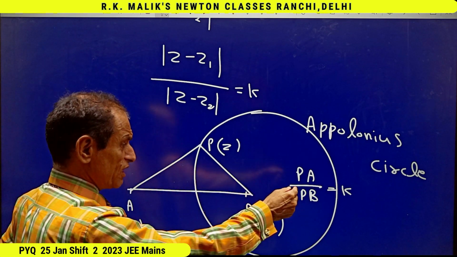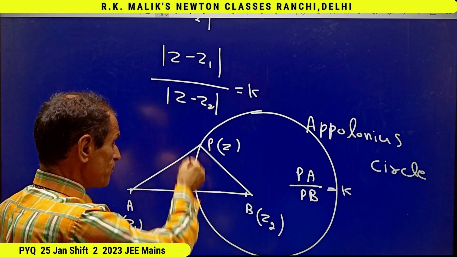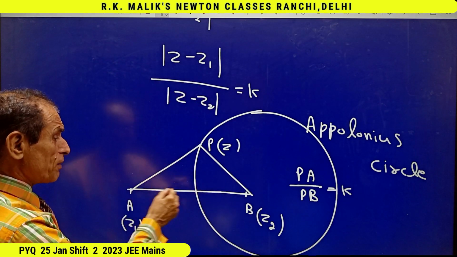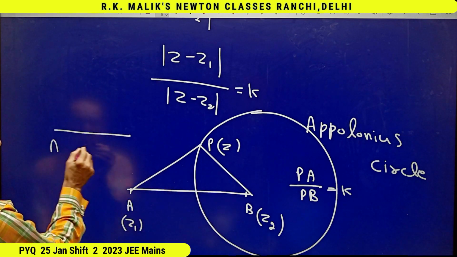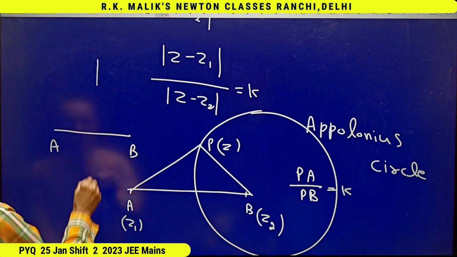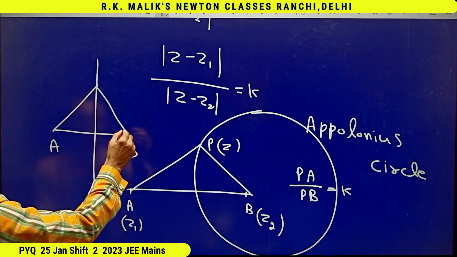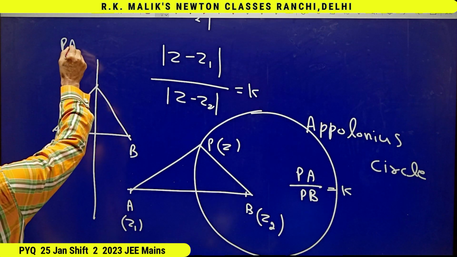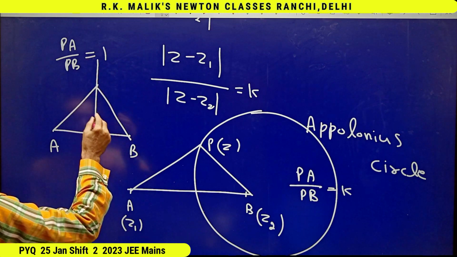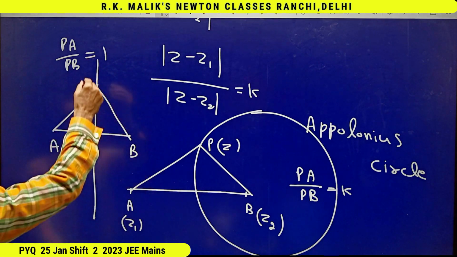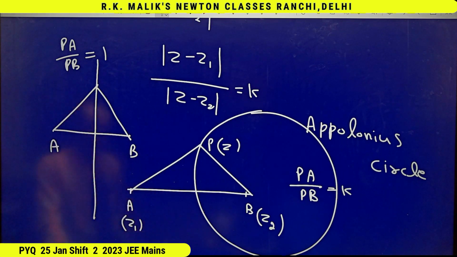And if k is equal to 1, in that case the locus of P will be a line which is the perpendicular bisector of AB. That is, if A is here, B is here, and PA upon PB is equal to 1, meaning PA equals PB, then the locus of P will be a straight line which is the perpendicular bisector of AB.